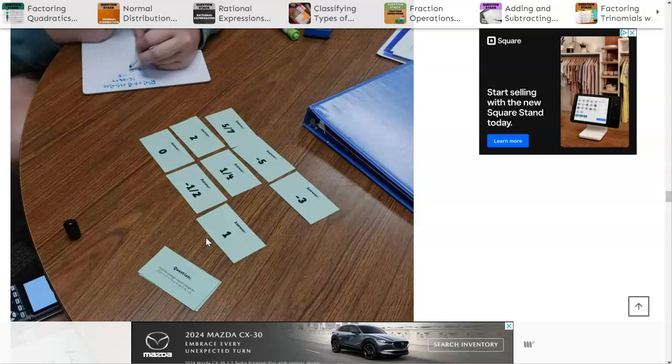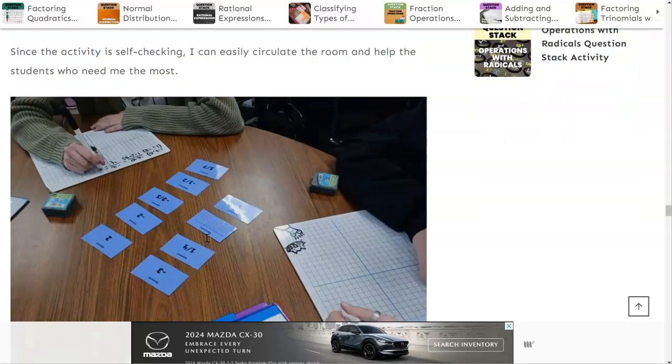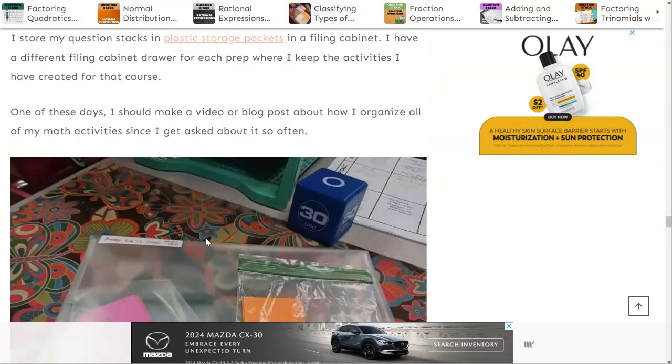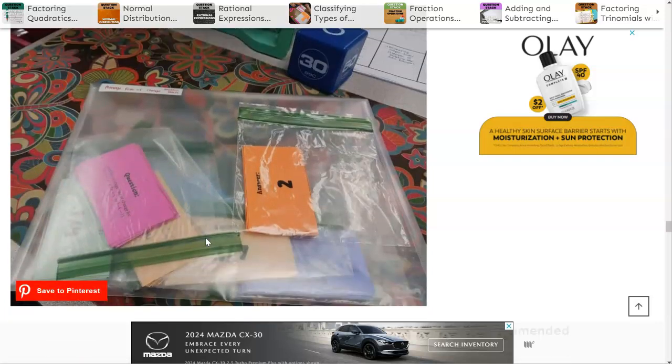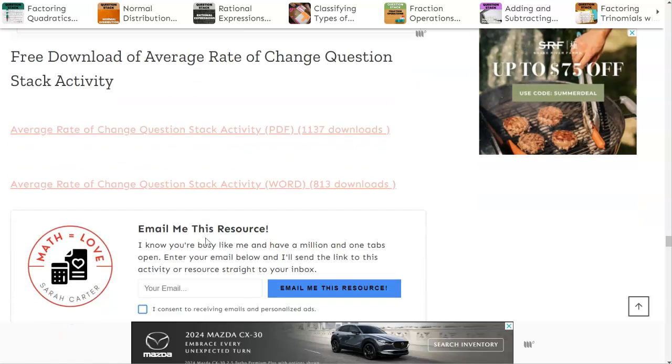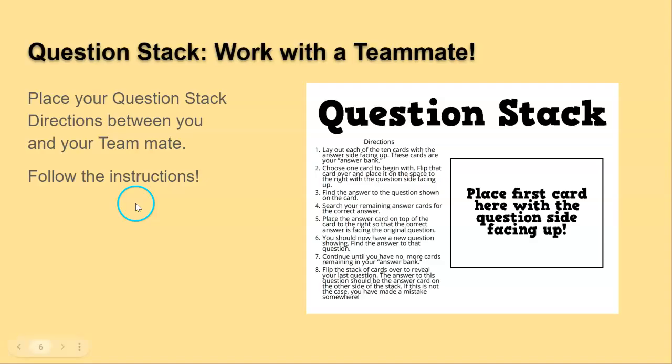So however you want to do it, I did instruct the students to ask their teacher how to document their work. However you would like to have that done is fine. You might even make up a little blank sheet with 10 spots on it for them to just write the work in the little spots on the sheet for each question. Okay, so a nice little different, not digital activity.